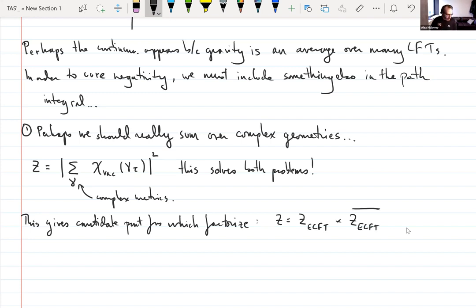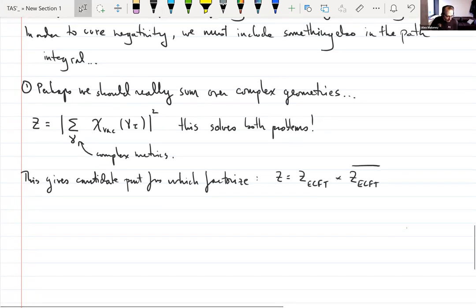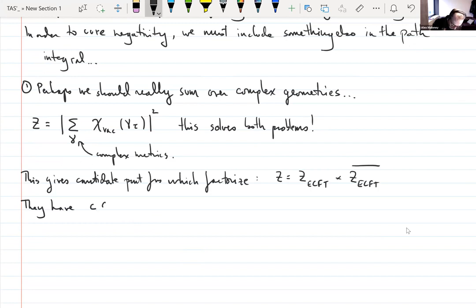So for example, let me tell you what they look like. They have a central charge which is a multiple of 24. And all of the dimensions of operators, that is to say, all of the energies of states in these theories, are integrally quantized.